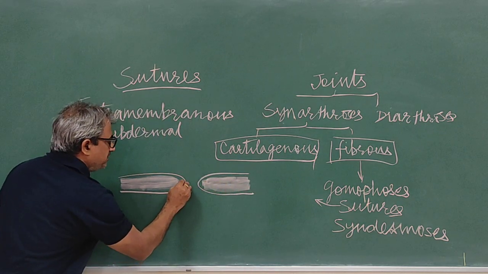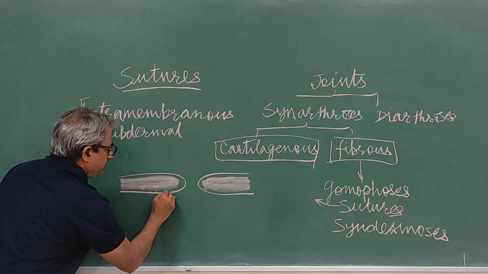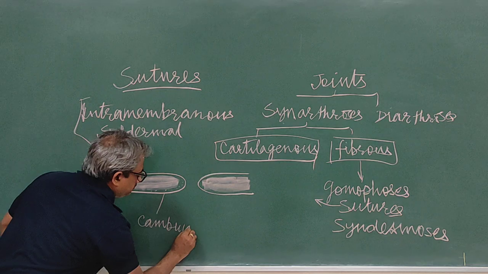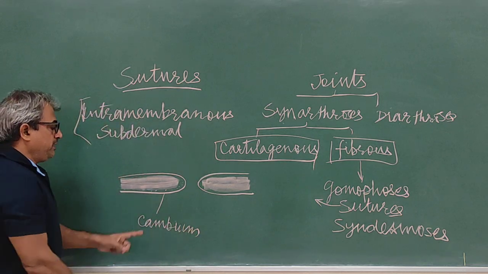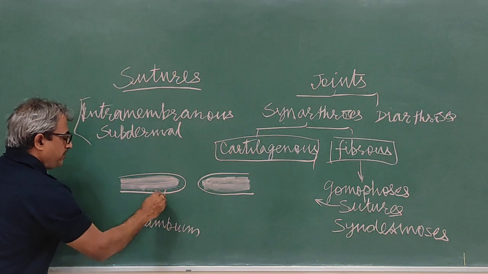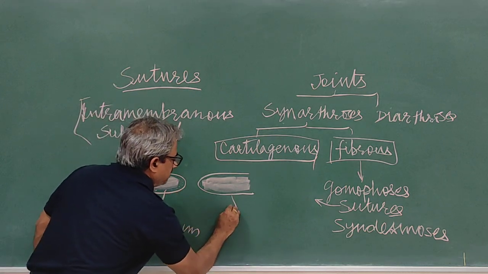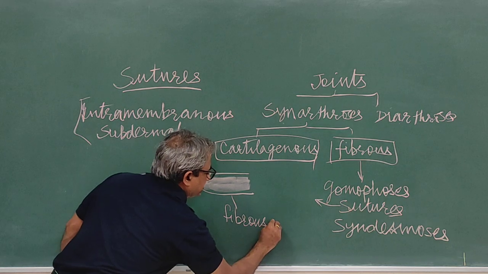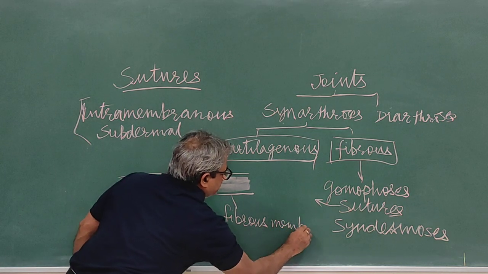They are surrounded by a porous tissue which we call cambium. The cambium, which is limited by a membrane. It's a fibrous structure. The fibrous membrane it is.